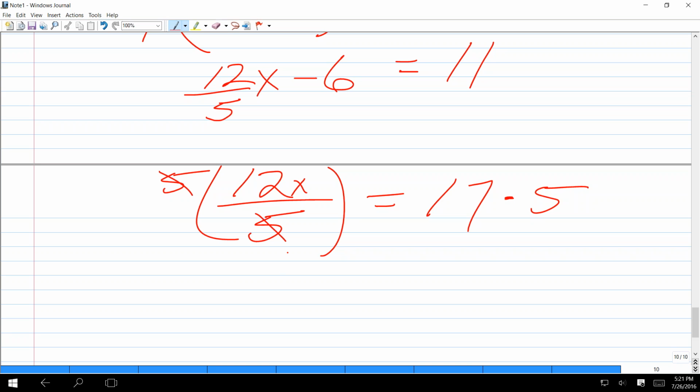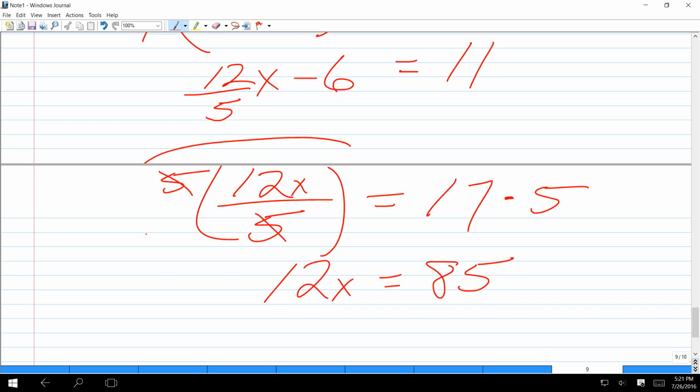So what's left over there is always just whatever's left. 17 times 5 is 85. But my point is that you don't have to spend a lot of time thinking about what that is. The reason we multiplied by 5 was so that I would get rid of this denominator. That's the only reason.